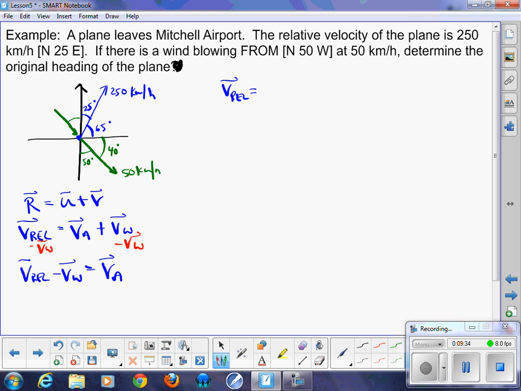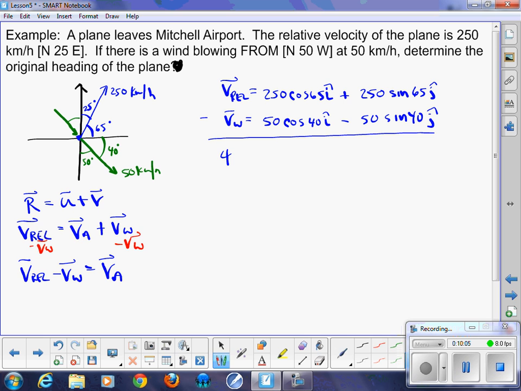So relative velocity equals 250 cos 65 i plus 250 sin 65 j, minus velocity of our wind, which would be 50 cos 40 i minus 50 sin 40 j.